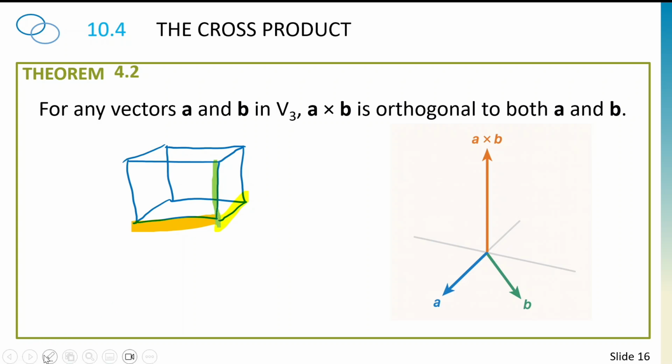This side or this edge of the cuboid. So let's say this is vector A, this is vector B, this one is perpendicular to both of them, and this is their cross product. Okay, so this is important for us. From now on, we know that the cross product is perpendicular to both the original vectors A and B.